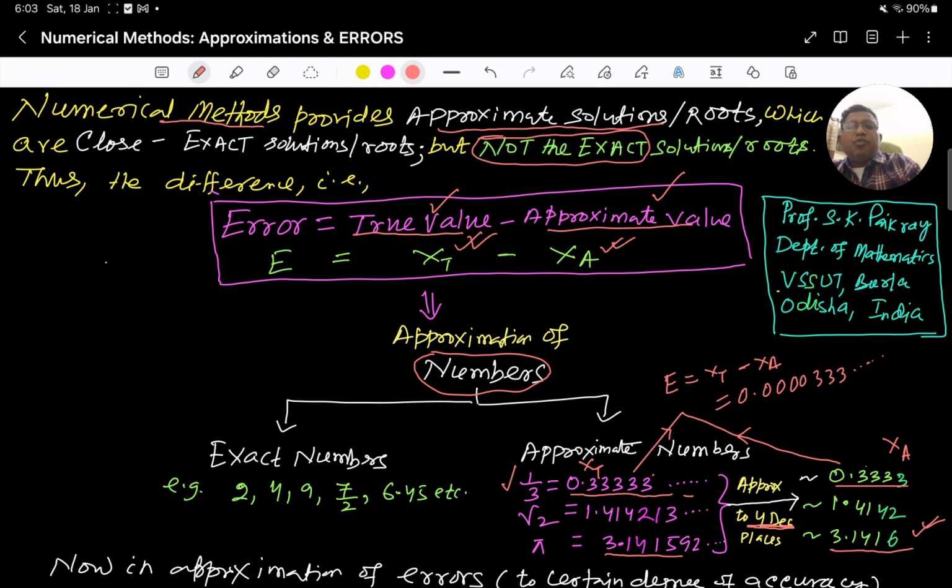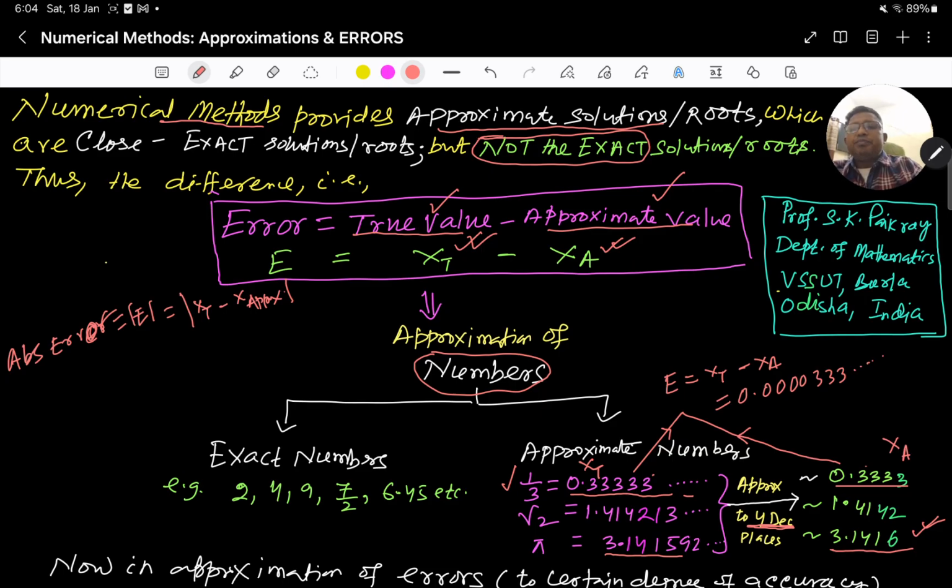Now we should find the absolute error, to deal with the negative sign. The absolute error is denoted by modulus of E, that means the modulus of true value minus approximate value. So this is my absolute error.